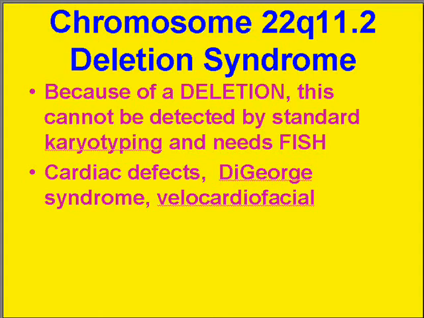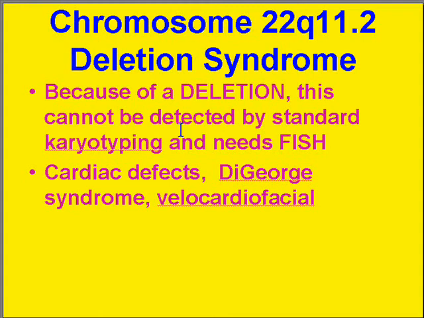These people have a variety of cardiac defects. It's also called velocardiofacial syndrome because they have a variety of facial defects as well. And it's also now generally synonymous with DiGeorge syndrome.